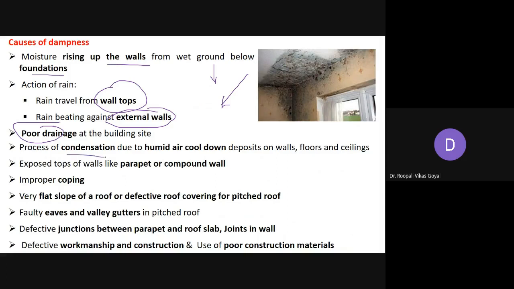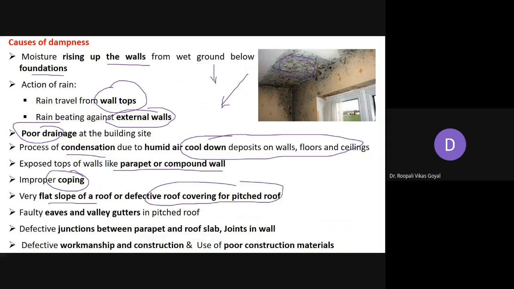Then the process of condensation due to humid air which cools down and deposits on the wall, floor or ceiling, and this kind of patches that are generally observed are of water droplets. Also, if the exposed top of the wall like parapet or compound wall is not proper, improper coping is provided at the top of the parapet wall. Then flat roof: if you are not providing proper slope, then it will also cause dampness. Then defective roof covering for the pitched roof.